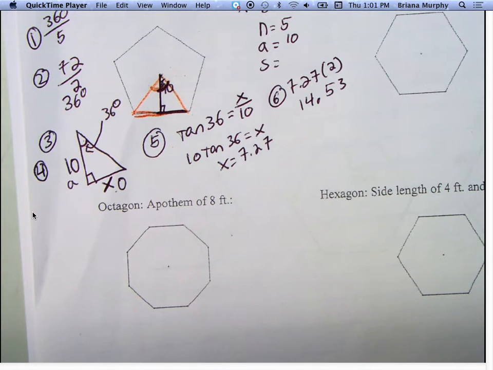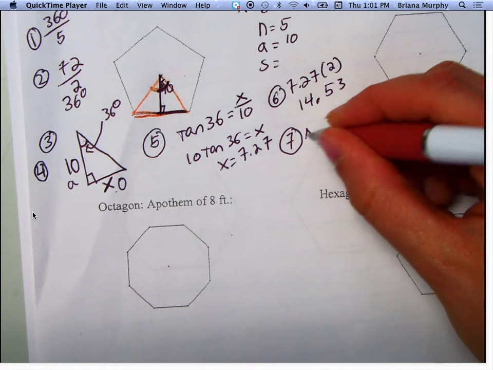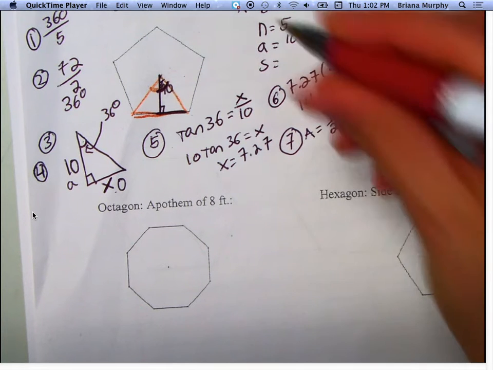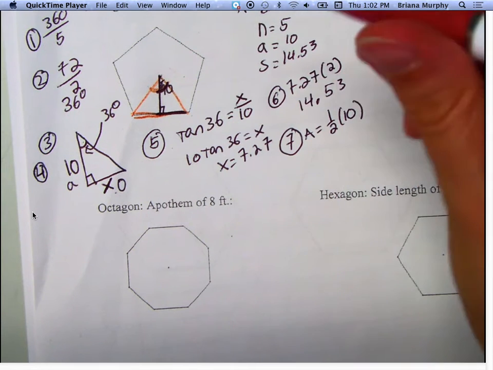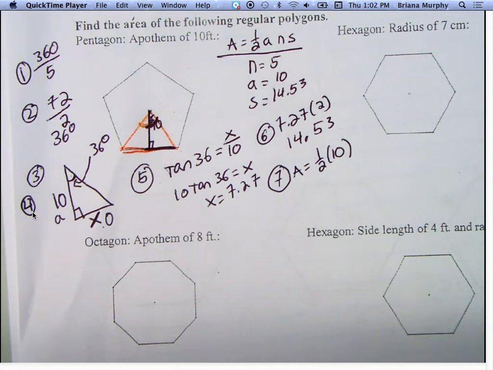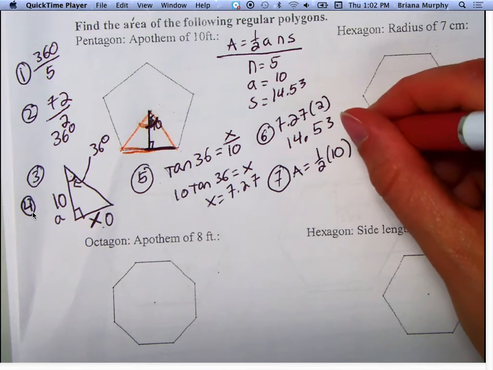Now, I am going to find my area. Step 7 is my last thing. Remember, area equals 1/2 the apothem, which is 10. So now I'm using that original formula from up here: 1/2 the apothem times the number of sides times the side length. So 1/2 times 10 times the number of sides.